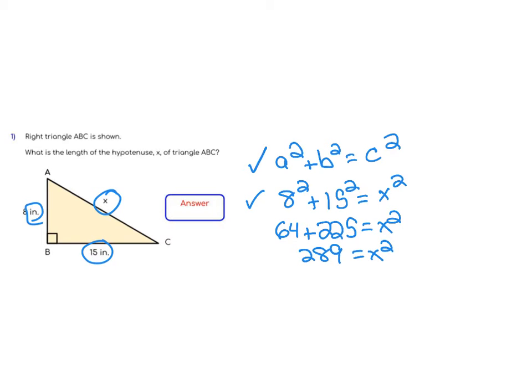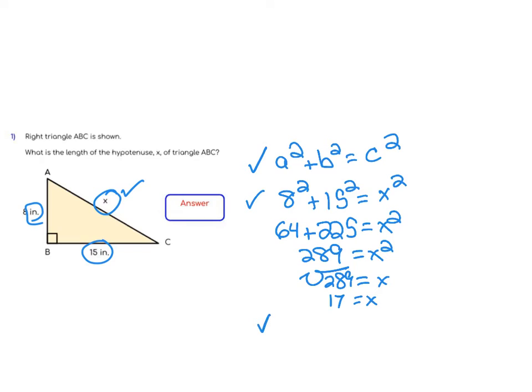So now, when we get to this step, we don't want x squared, we just want x. So, in order to find x, we are going to find the square root of 289. And the square root of 289 is 17. And 17 is equal to x.